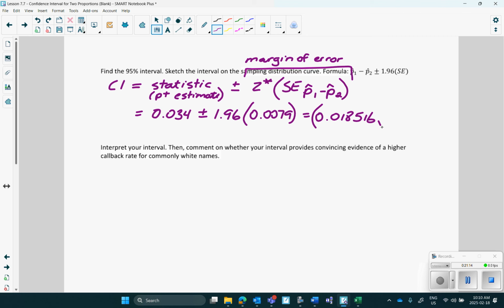You can round again, like we talked about before. If you want to go 0.019, that's fine. To 0.049484. And again, if you want to go 0.049, that's fine too. So that's the lowest value on the 95% area on the previous page. That's the high value.